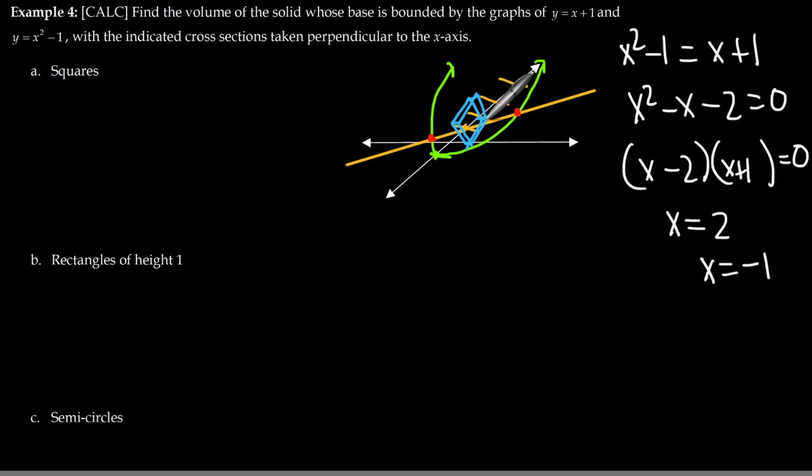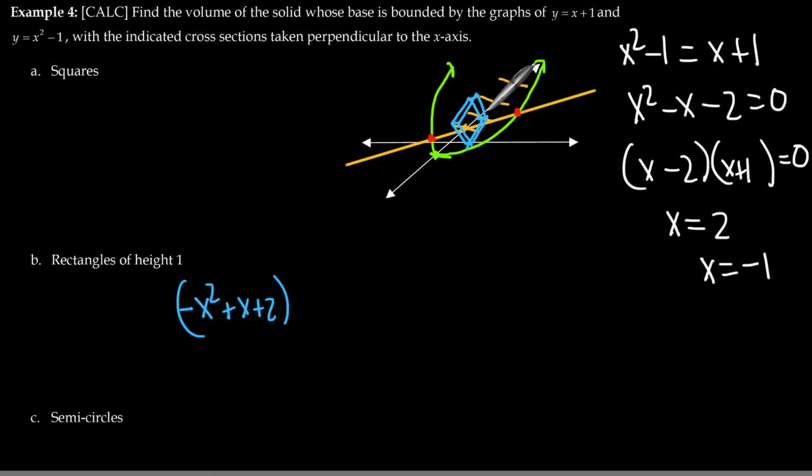This length is going to be the same as the last problem. That's going to be the upper curve minus the lower curve. All right, so that's going to be the negative x squared plus x plus 2.